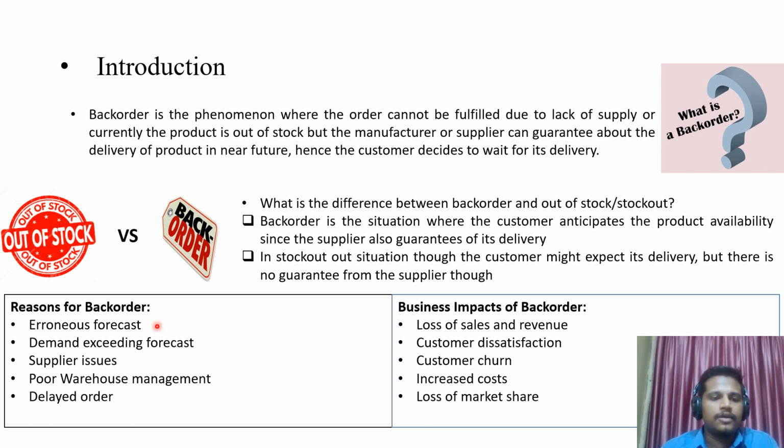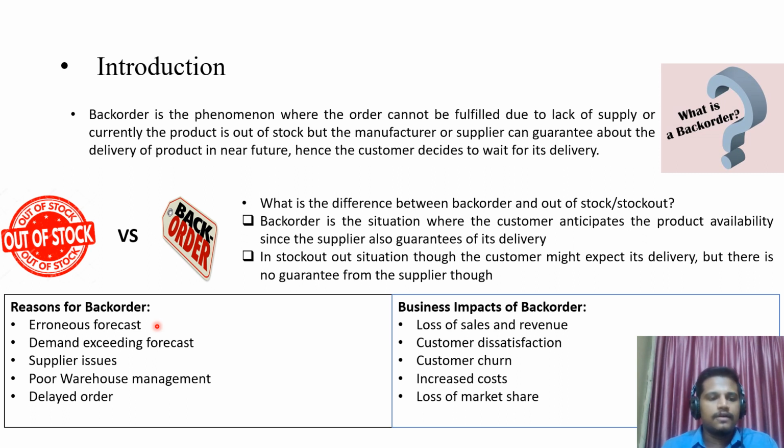So the forecasting mechanism of the organization is of prime importance, and it must be given due weightage, else there is a high chance the product might go into back order.